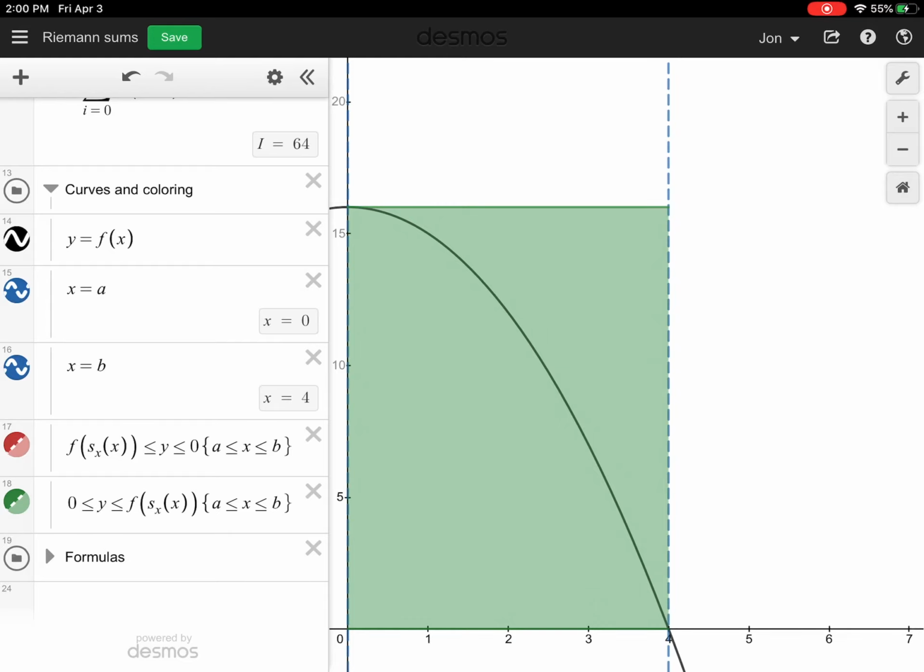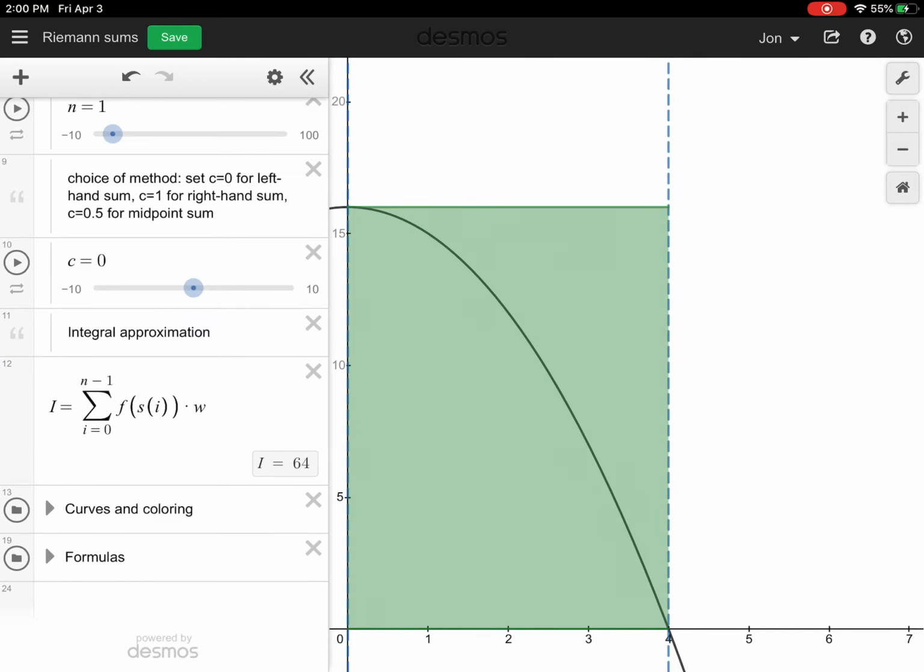We could use one rectangle, and you can see that this rectangle has a width of 4 and a height of 16. So therefore, that rectangle has an area of 64. You can see it right here in this I equals 64.